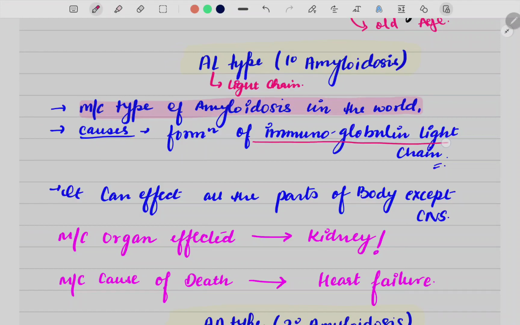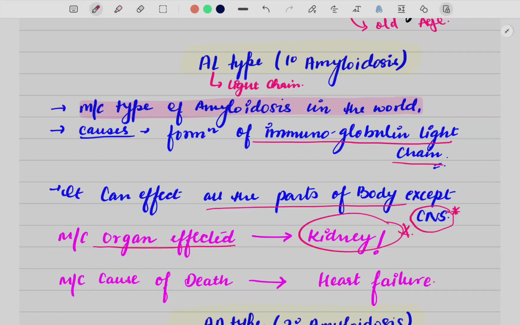As I told you, there are light chains which are formed inside the body that lead to formation of AL amyloidosis. It can affect any part of the body except for the CNS. Need to remember this: except for the brain, it can affect any part of the body. The most common organ to be affected here is your kidney. Whenever patients come with the complaint of amyloidosis, the most commonly affected organ is the kidney.